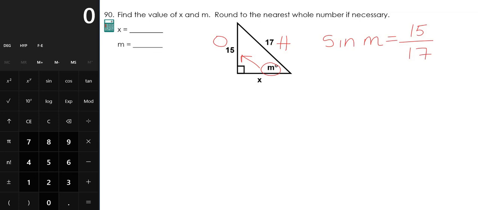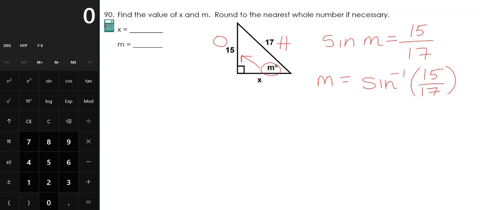However, when you're looking for your angle, to get m you're going to do sine to the -1, the inverse sine of the decimal that you get when you divide 15 by 17.